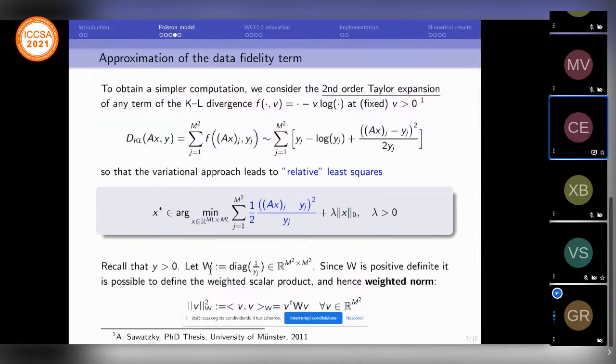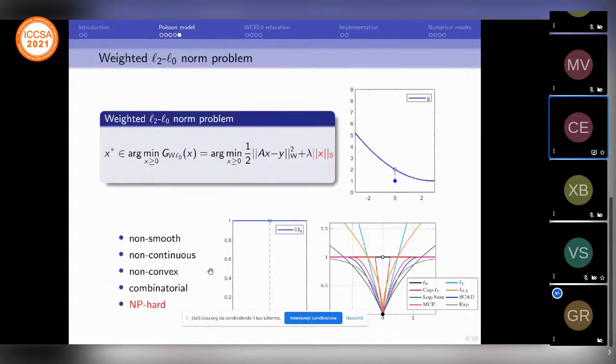If we consider a diagonal matrix W, we can write the relative square as the norm of Ax minus y with respect to the weighted norm. So we can consider this basic weighted L2-L0 norm problem, where now the data fidelity is the weighted norm, and again the penalty term is the zero norm.